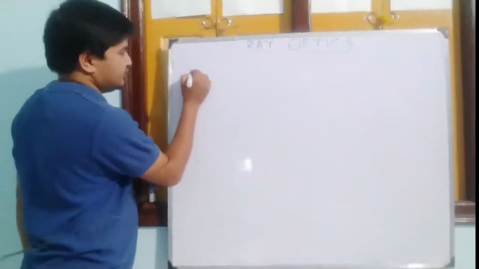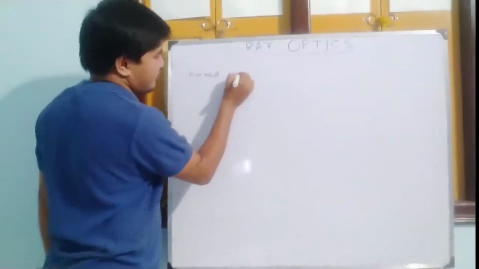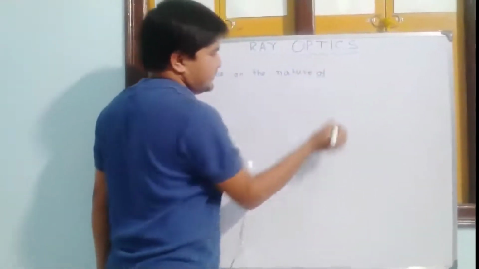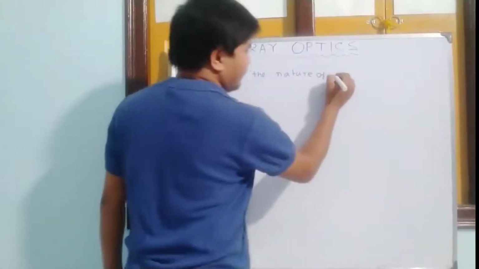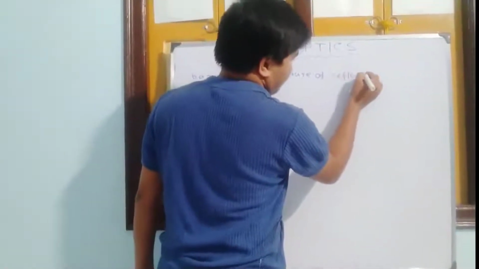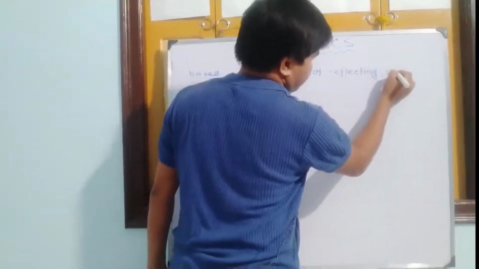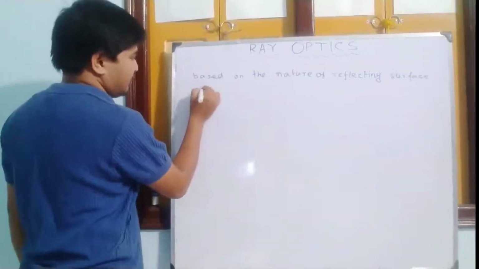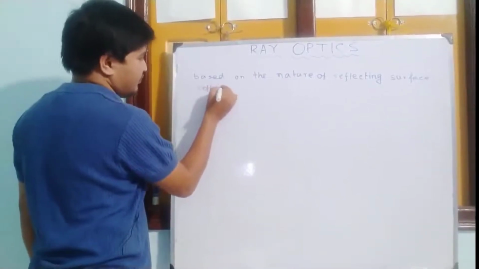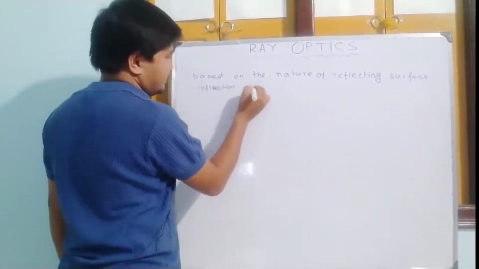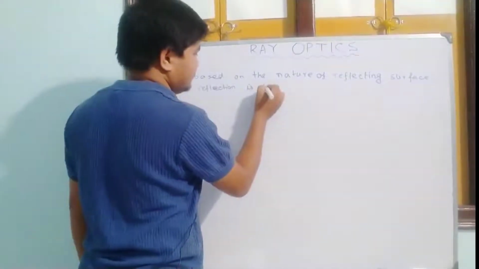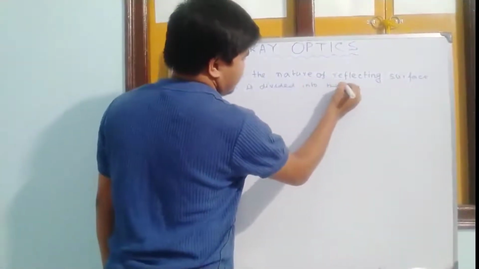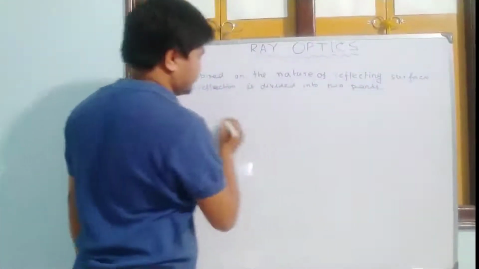So based on the nature of the reflecting surface, reflection is divided into two parts.